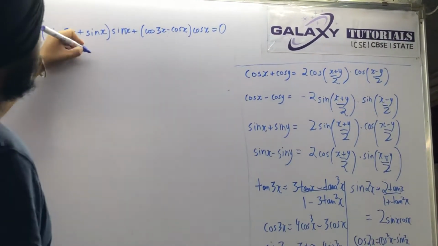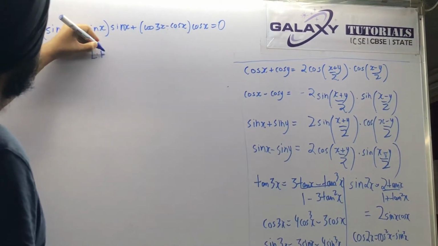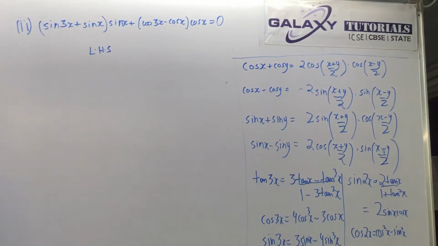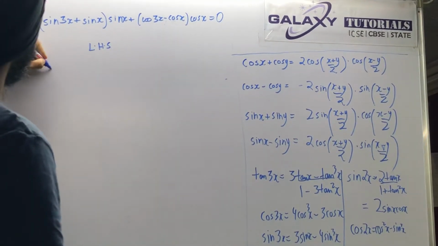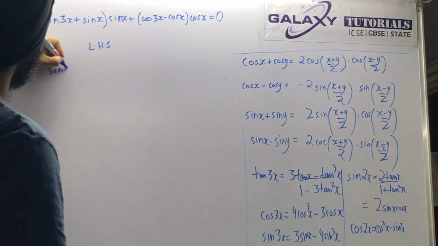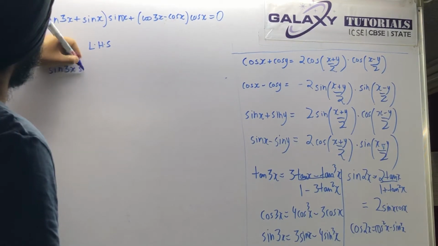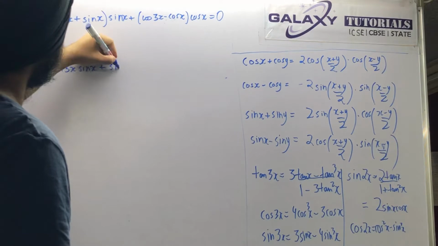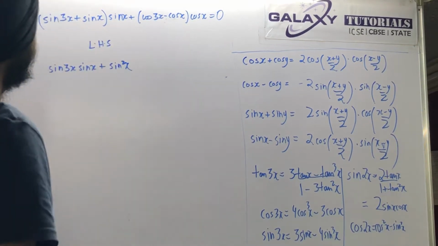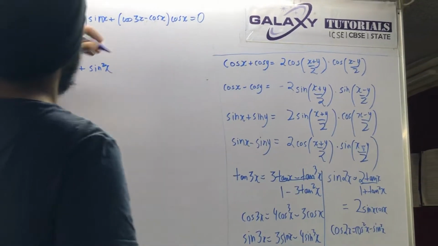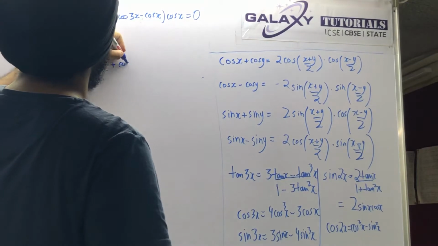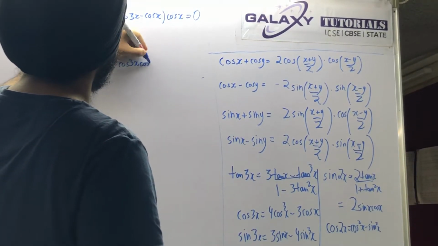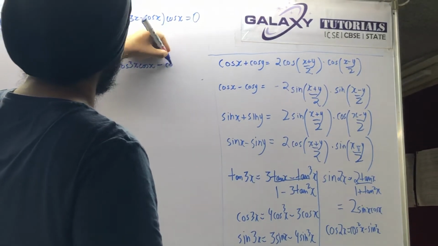First we will start from the left hand side. First of all I will just open these brackets. So this is sin 3x sin x plus sin square x, and this one will be plus cos 3x cos x minus cos square x.